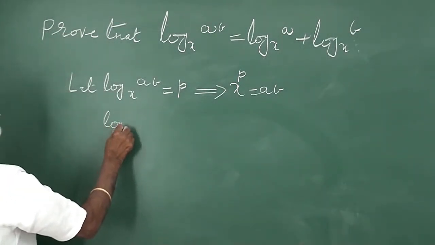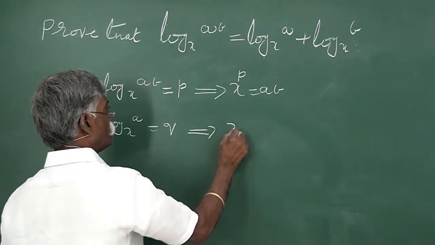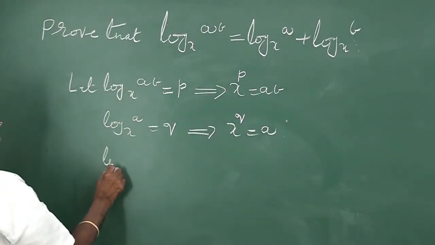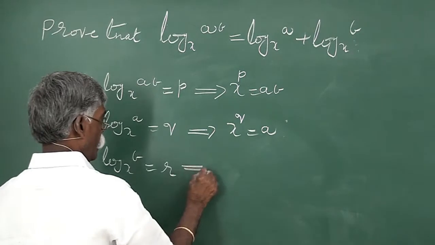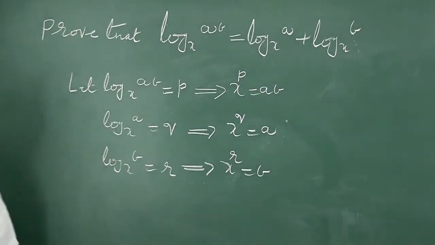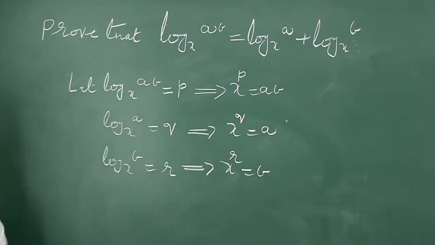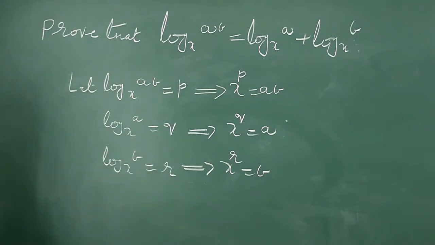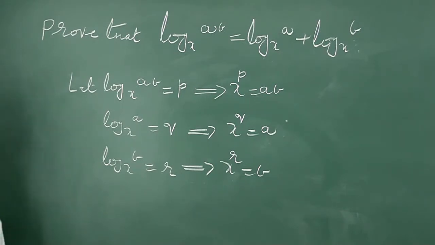And log A base x is Q, and this implies x power Q is equal to A. And log B base x is equal to R, and this implies x power R is equal to B. So therefore, logarithm of AB to the base x is P, therefore x power P equal to AB. Log A base x equal to Q, therefore x power Q equal to A. Log B base x is equal to R, therefore x power R is equal to B.